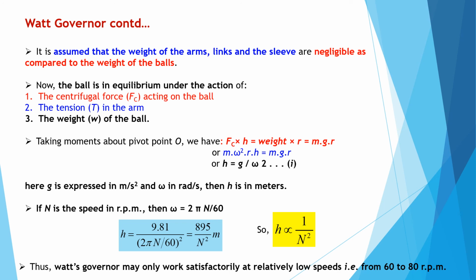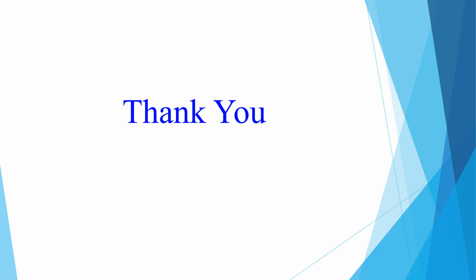When the speed of the engine is high, then the change in height is negligible and the Watt's governor becomes insensitive. And to maintain the sensitiveness of the governor at high speed, further investigators have given the gravity loaded governor or spring loaded governor, that we will discuss in the next lecture. Thank you.